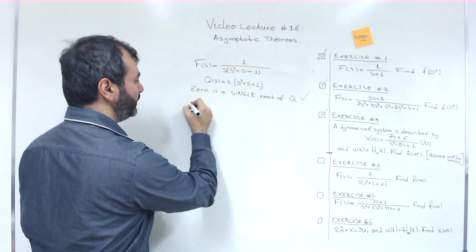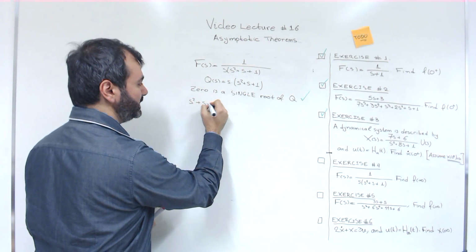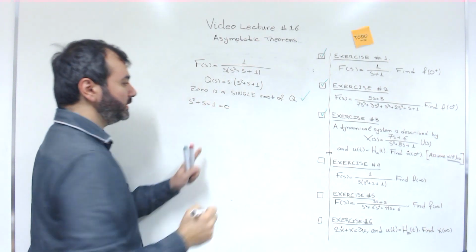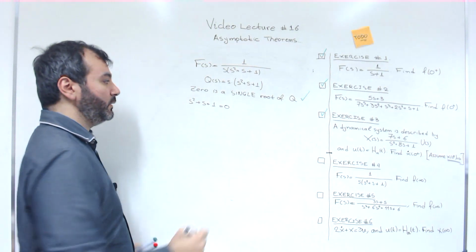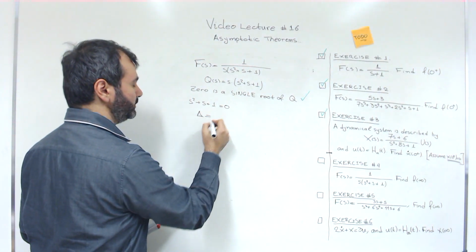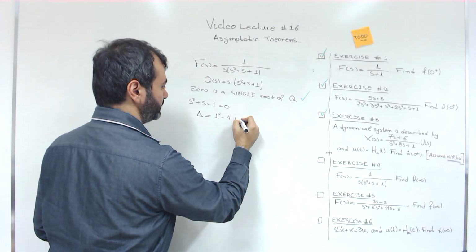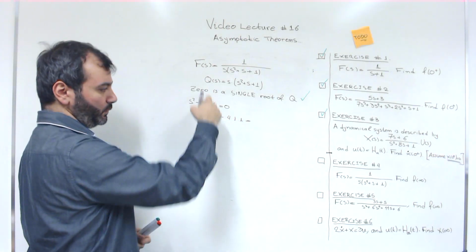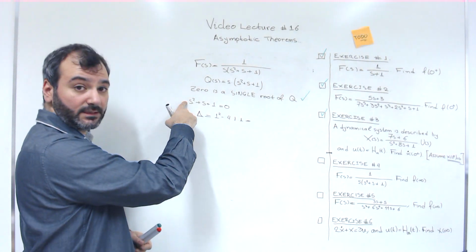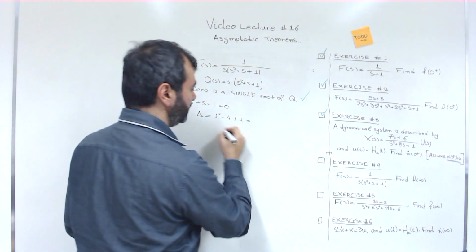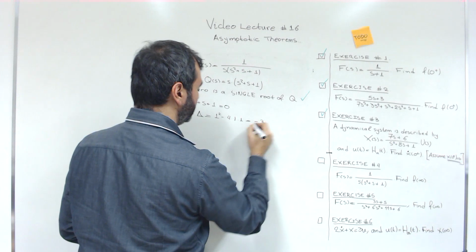Then what about this part? S squared plus S plus 1. What are the roots of this part? Well, let's figure out. One squared minus 4 times this coefficient times this coefficient. 1 minus 4 is minus 3.